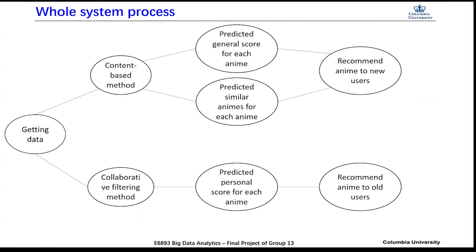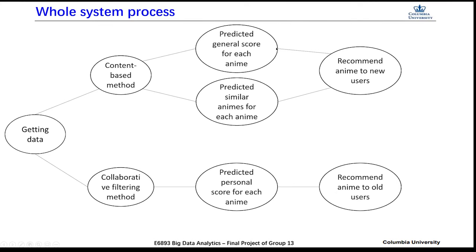And for our whole system workflow, we get data by a scraping process, and then we use two different methods: the content-based method using KNN to predict similar animes for each anime, and using linear regression to predict the general score for each anime.